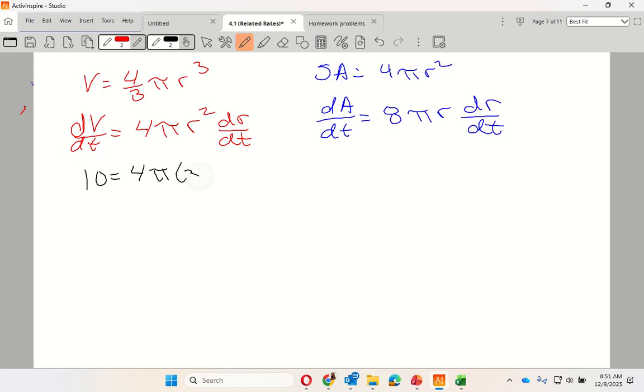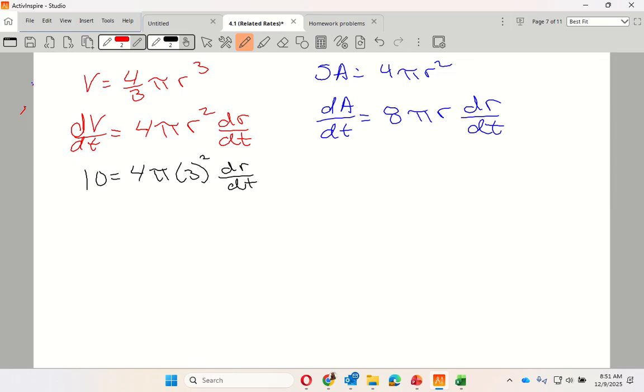Okay. 3 squared dr/dt. Do I know what dr/dt is? No. But by plugging it in over here with the volume, I could do some math and actually get dr/dt by itself, right?